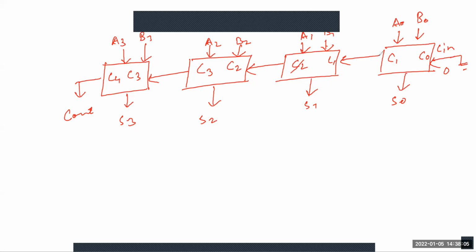Here you can see this is connected from the first to the second. Similarly, in the second stage, A1, B1 and C1 are added, resulting in S1 and C2, and this C2 is then added in the next stage resulting in S2.